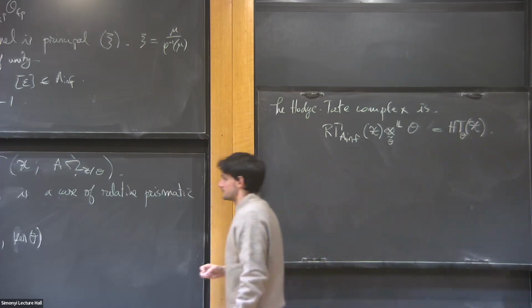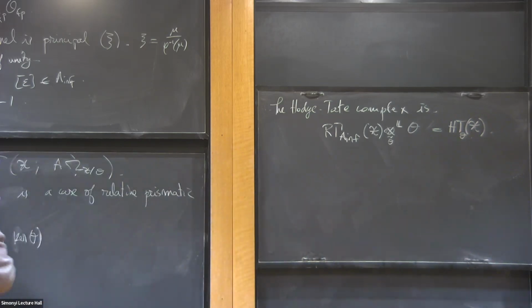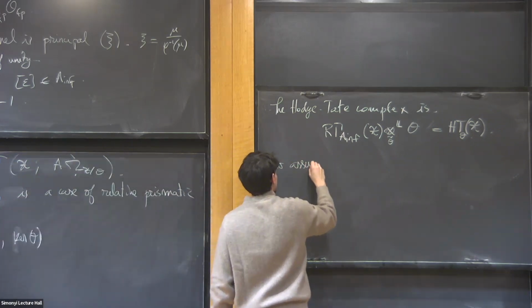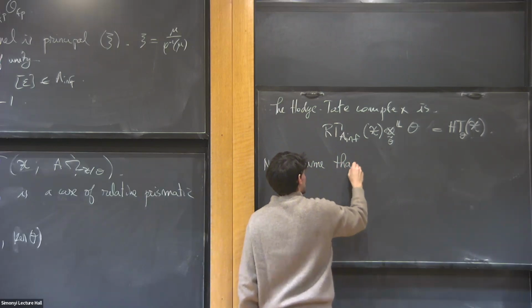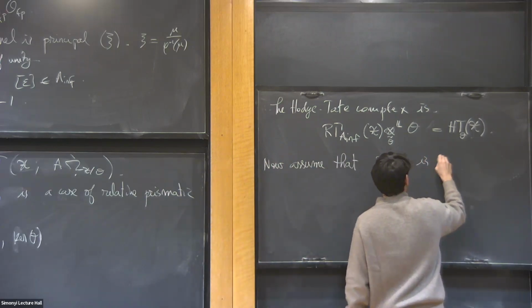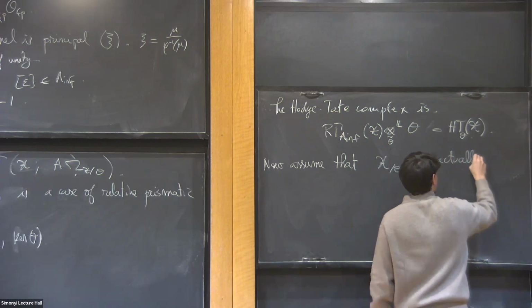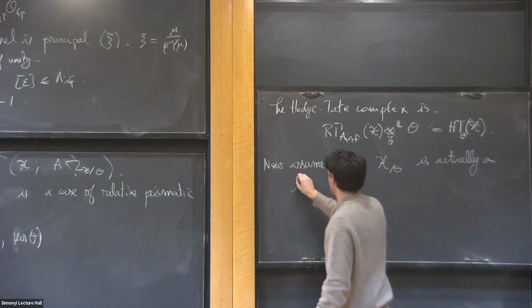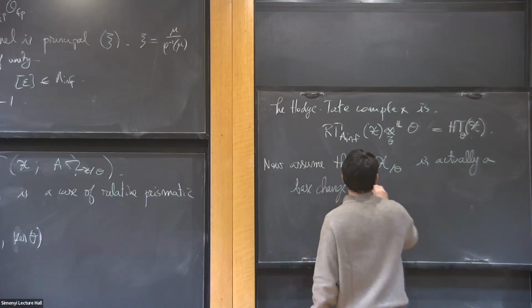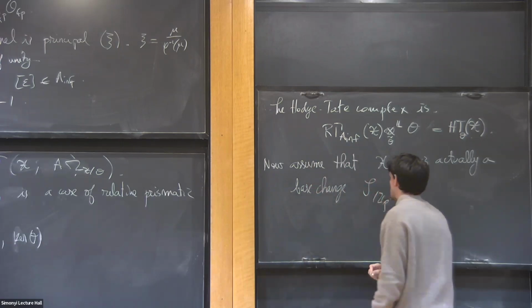Now assume that X over O is actually a base change of, let's say, S, which lives over Z_p.